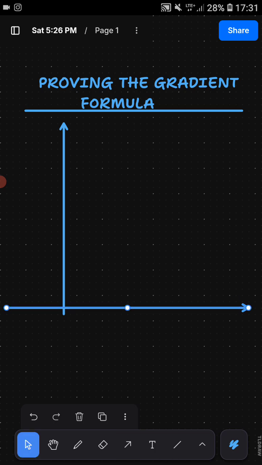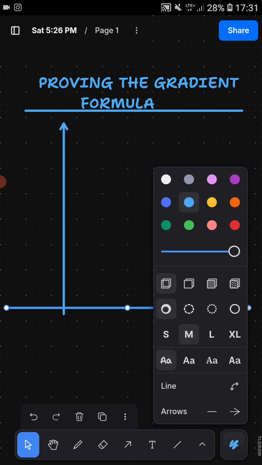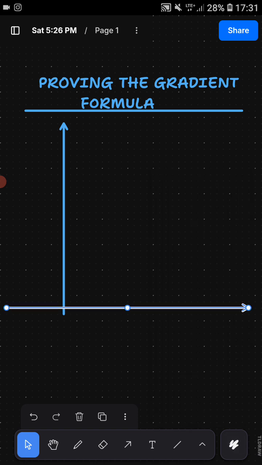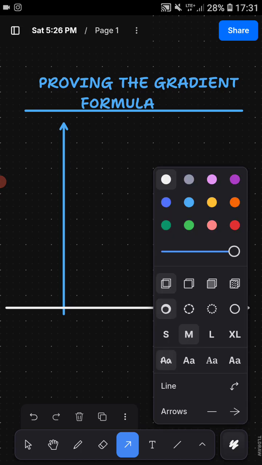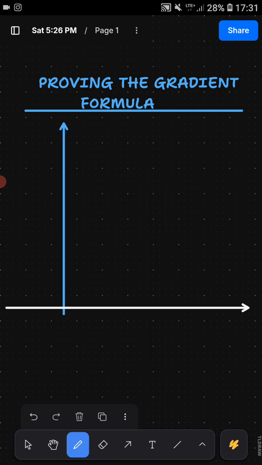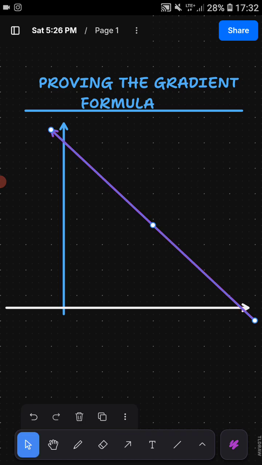All right, and then if I draw a line that links both axes together like this, what is the gradient of this line?